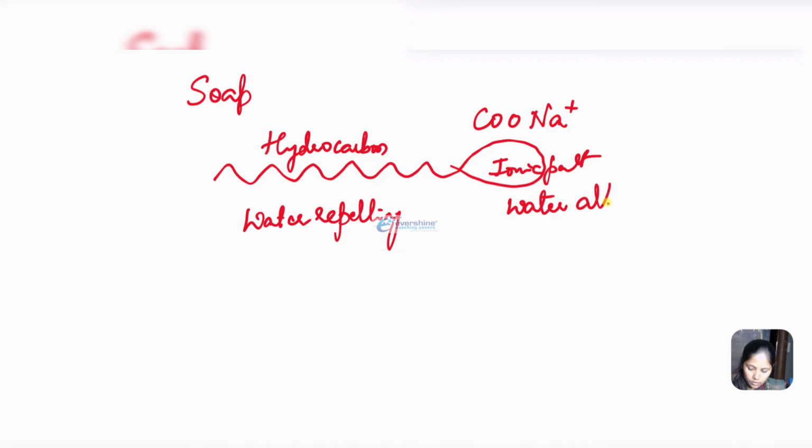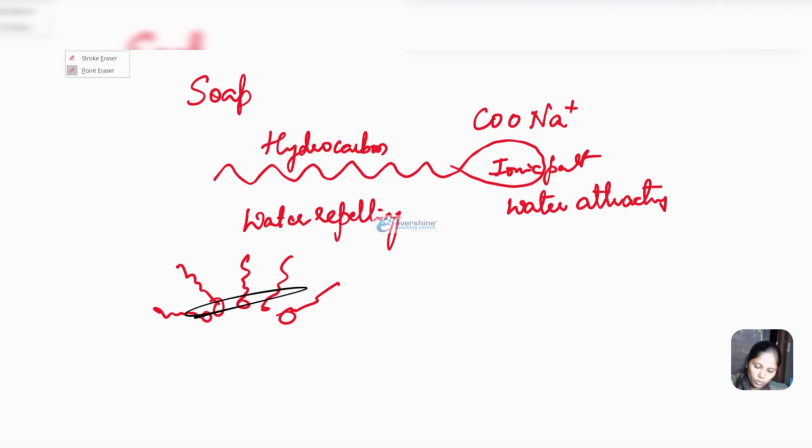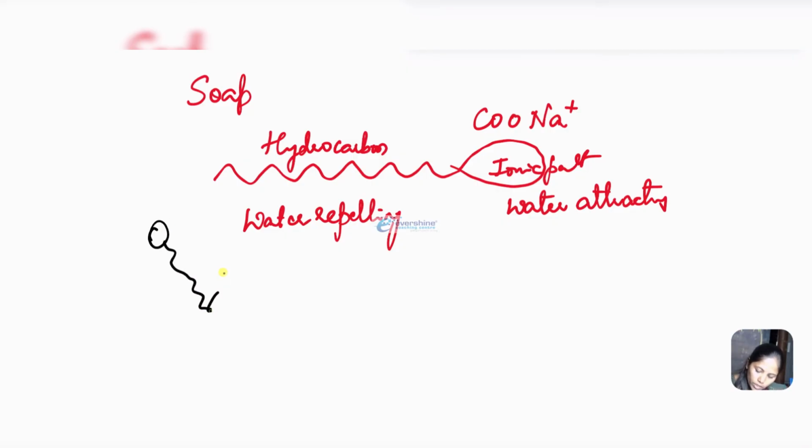When the soap is dissolved in water, it will form a spherical structure. The spherical structure formed by soap when it is dissolved in water is called a micelle. It forms a spherical structure in such a way that the ionic part will be outside and the water repelling part will be attracted towards the dirt.